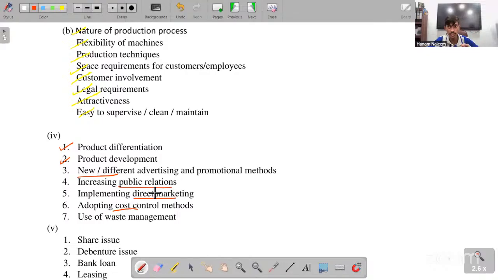Control the cost a bit, and also use waste management. So the ability to control the cost. Maybe you can have some cost controlling technique. Because if you have proper quality control, when you're producing a high quality product, your product won't be rejected. In that way, you can control the cost of the firm. So these are some ways we can increase the sales of the business. Easy question. They have asked in an indirect way.